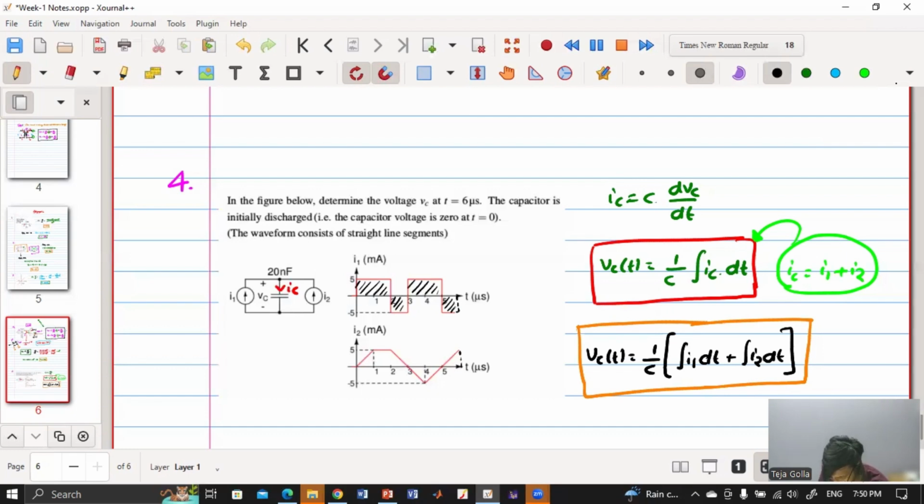This area and this area also. But you should realize that area will have a positive sign as well as negative sign depending upon whether it is above the x-axis or below the x-axis. Agree? Yes, sir.